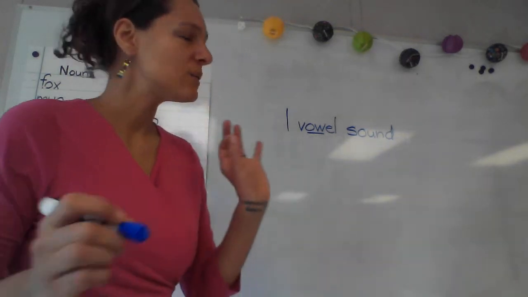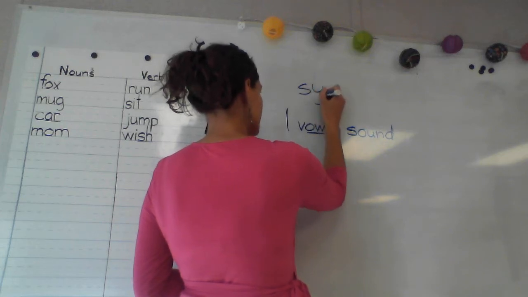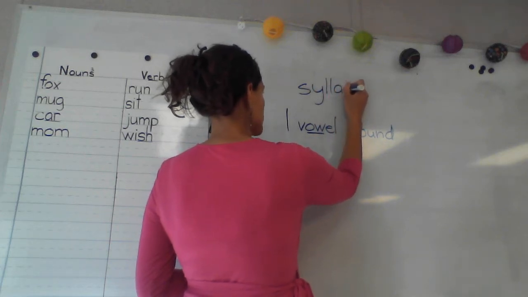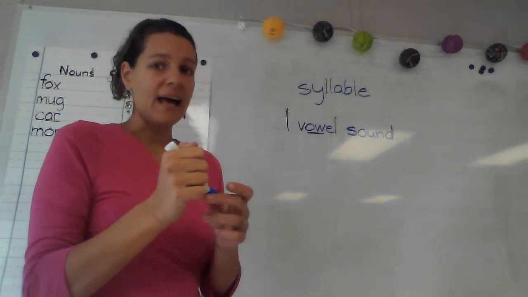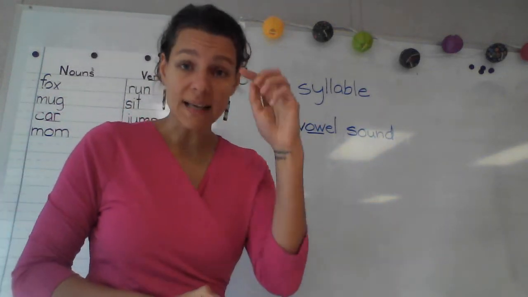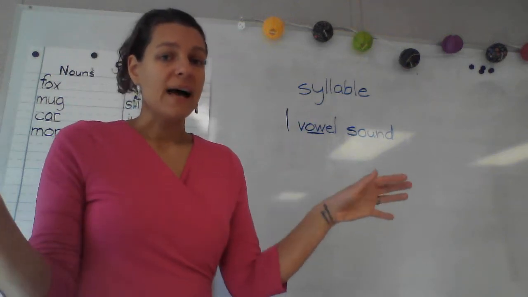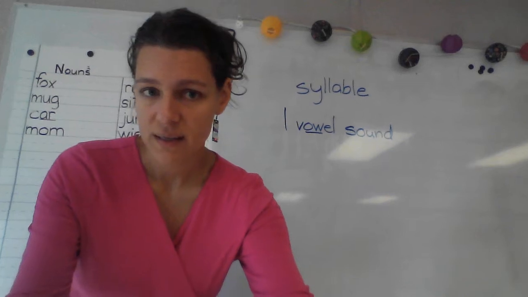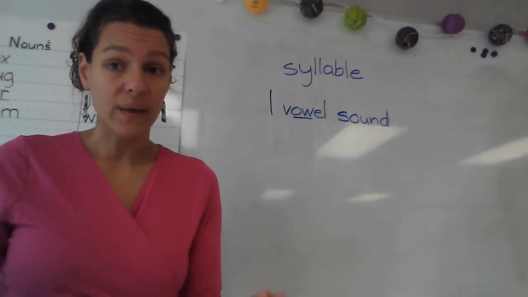All right, so to review, a syllable is a chunk of a word, or a word itself, if it's only one syllable, that has one vowel sound and all the consonants that go with it.